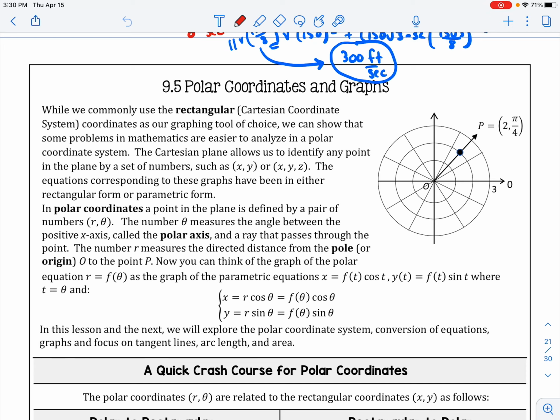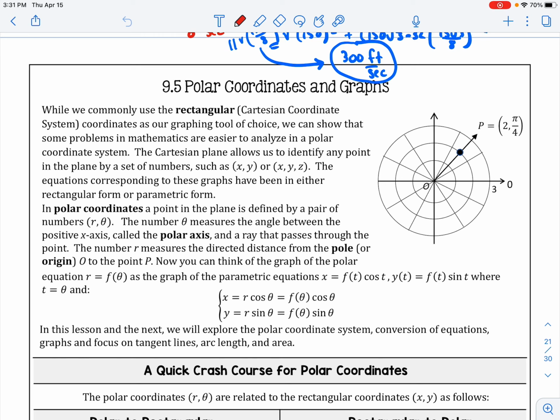In polar coordinates, a point in the plane is defined by a pair of numbers r, theta. The number theta measures the angle between the positive x-axis, called the polar axis, and a ray that passes through the point.